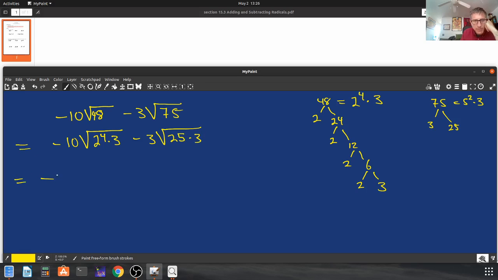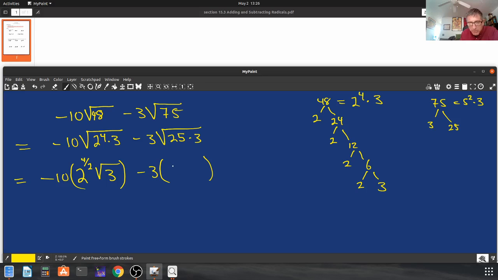So this is minus 10 times the square root of 2 to the 4th times the square root of 3. The square root of 2 to the 4th is 2 to the 4 divided by 2. And of course the square root of 3 is the square root of 3. So this is minus 3 times, basically I'm using the product rule right here, the square root of 25 times the square root of 3.